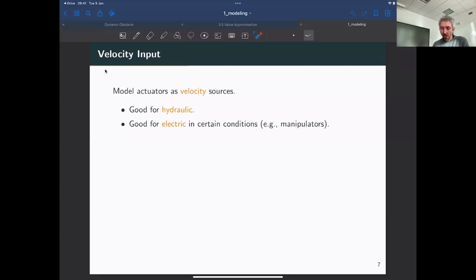So this hypothesis tends to work very well if you have a hydraulic actuator, because hydraulic actuators are so powerful and so dynamic that they can change the velocity almost instantaneously. So you might end up having a good model with a hydraulic robot.